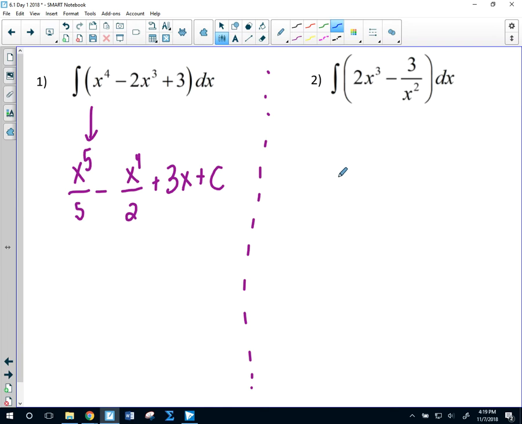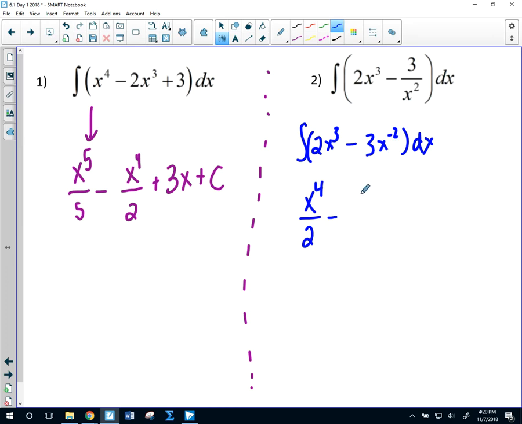All right, so now this problem is probably easier if you rewrite it as 3x to the negative 2 dx. So 2x to the 3rd becomes x to the 4th over 4. But just like the other one, there was a 2 out front, so now there's going to be a 2 down here. And I am going to add 1 to negative 2.